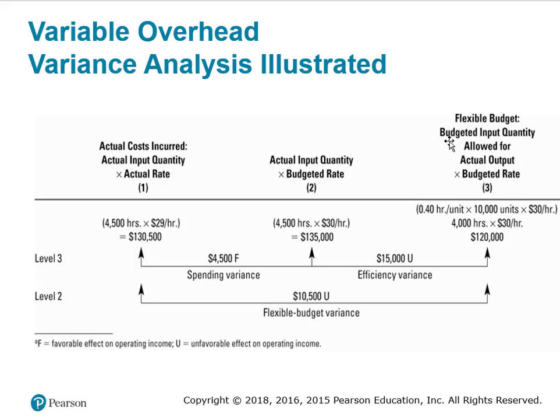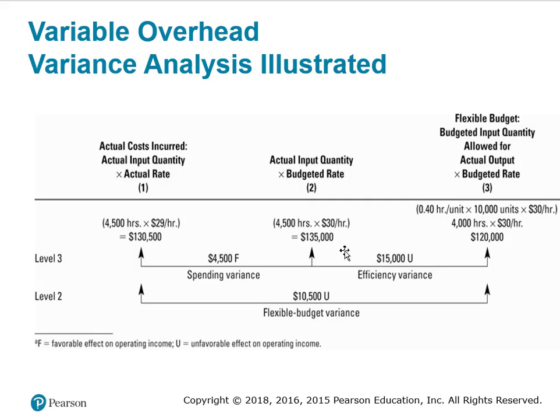That would be the budgeted input quantity allowed for the actual output. This was the formula I was talking about before: 4,000 divided by 10,000, so it's 0.4 hours per unit times 10,000 actual units, times $30 per hour. That was the budgeted rate. So that's 4,000 hours times $30, or $120,000.